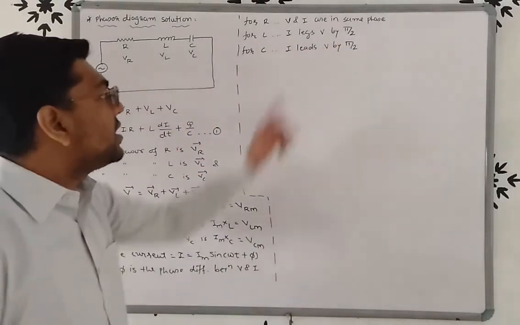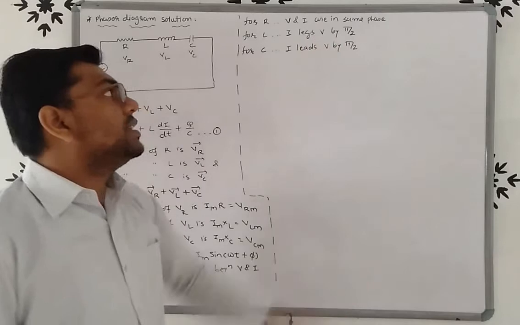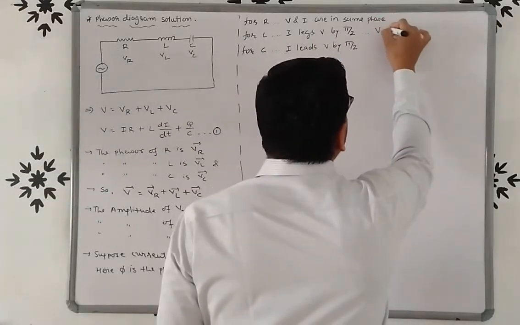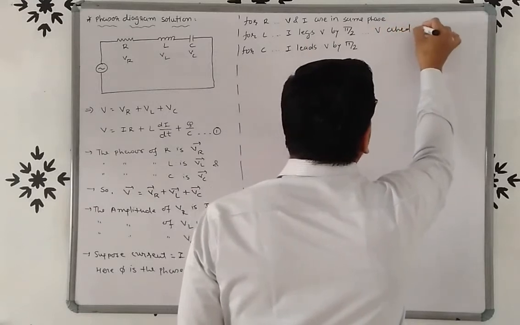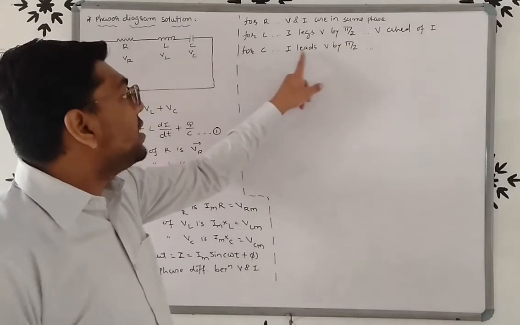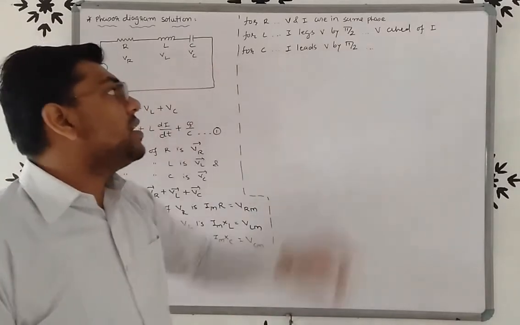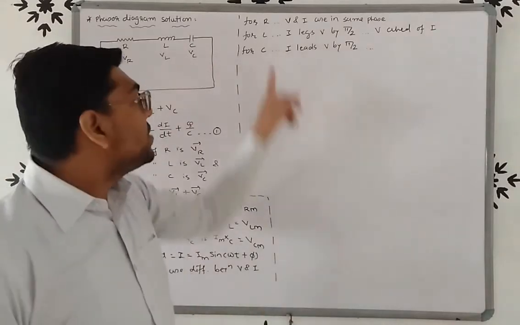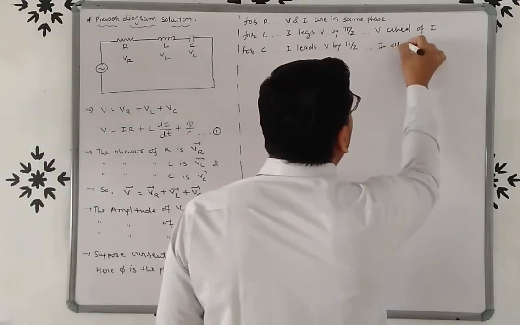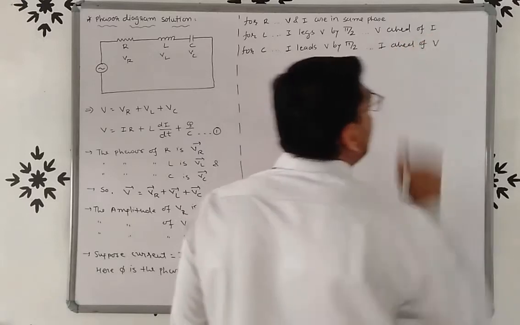Right. So here current lags voltage by pi by 2. So here we can say that V is ahead of I, and here current leads voltage by pi by 2. So here current leads, so I is ahead of V, right?